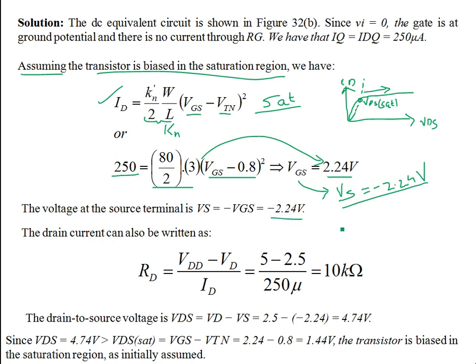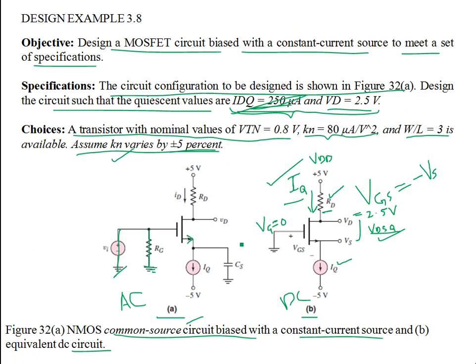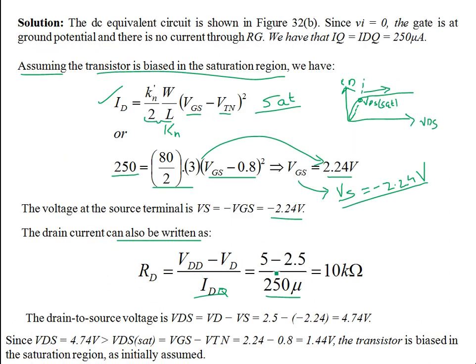Now that you have VS, the drain current can also be found. This ID is the same as IDQ, and this is 250 microamps. VDD over here is clamped to 5 volts, and we know what VD is. VD is given as 2.5 volts. So VDD minus VD, the potential difference of these two points, divided by the drain current gives you RD. And that comes out to be 10 kilo ohms.